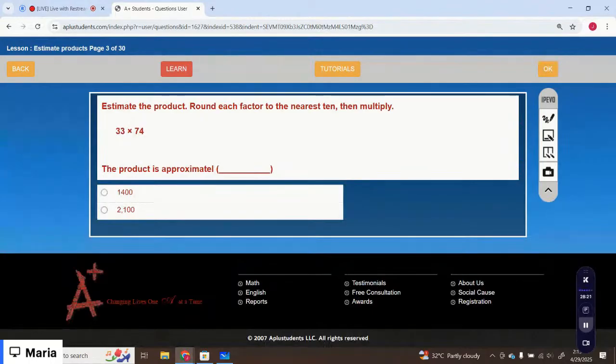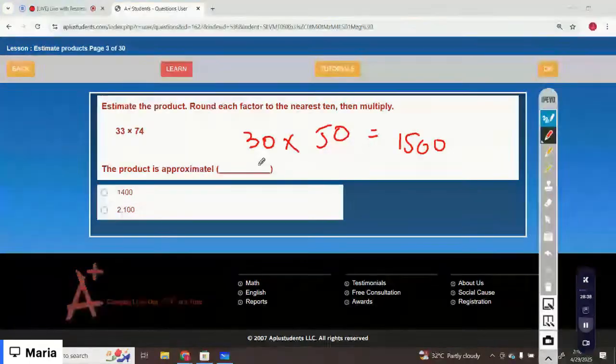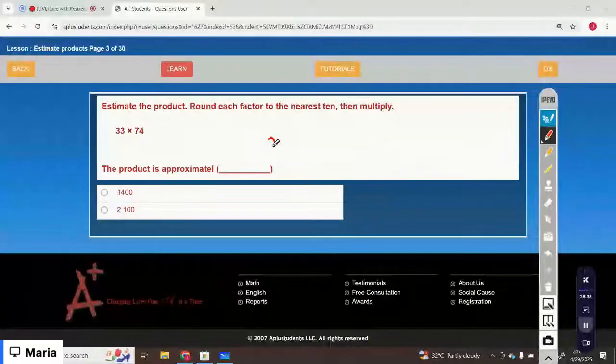Estimate the product. Round each factor to the nearest 10 and then multiply. So which is the correct option? Thirty-three is rounded to 30 and 74 is rounded to 70.